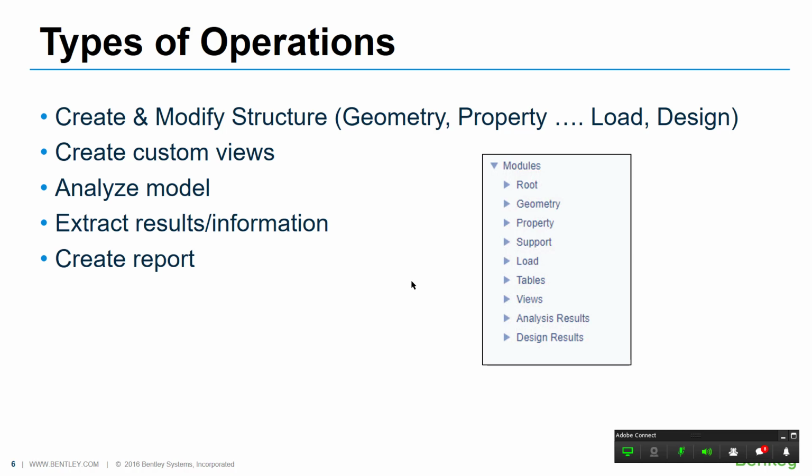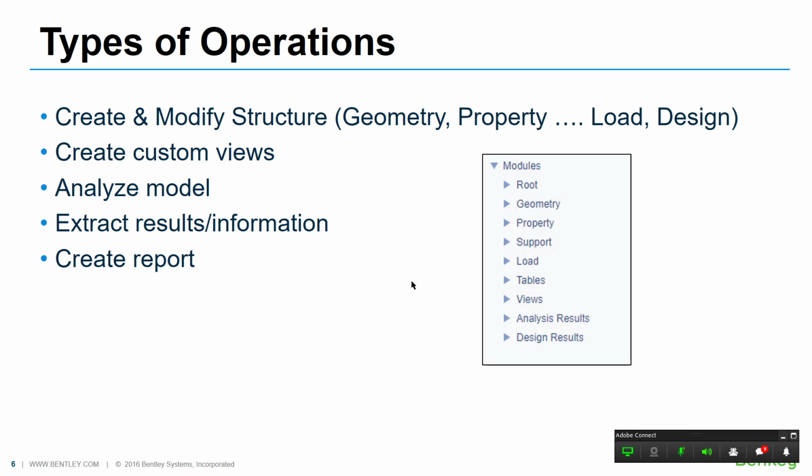For example, you don't want to create a user table each time by going to the STAAD.Pro user table option, providing the values, and selecting the type of members that you are going to create. You don't want to do that. You have some data, probably provided by your contractor or the person who provided you the design specifications. So you have the data, and you want to create it directly from Excel or directly from Word.